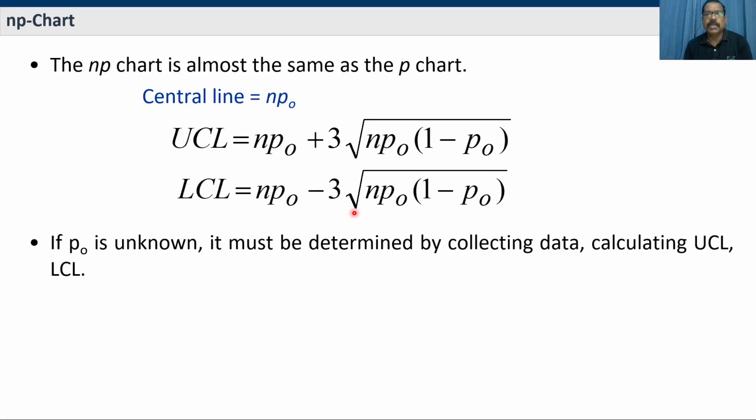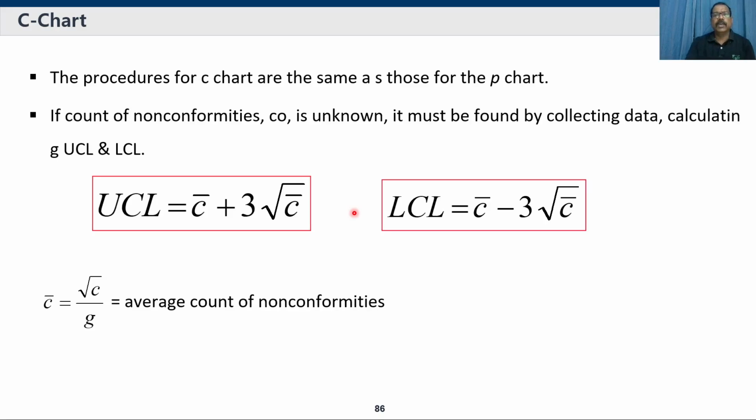Then the NP chart equation. I'm not going to solve any problems here. If I have any problems, I'll share those examples also. Just understand or remember the formulas. Also for the C chart, you calculate the C bar, summation of C divided by g, and then the upper control limit and lower control limit.